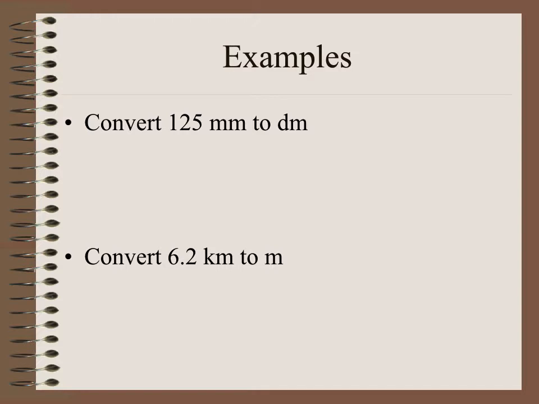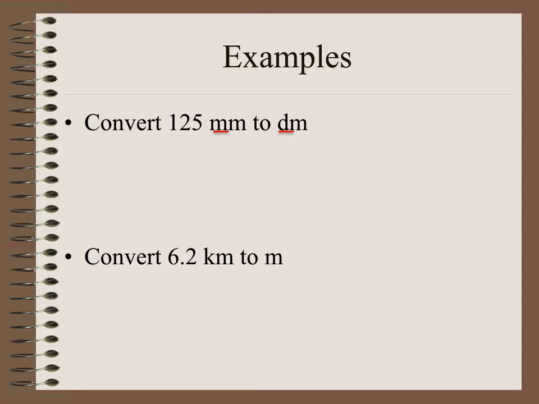Let's try a couple of examples. We are first going to convert 125 millimeters to decimeters. To do this, we first need to recognize that when we do a conversion, it doesn't matter really what the base unit is. What's going to matter is our prefix. In this case, the M for milli and the D for deci.